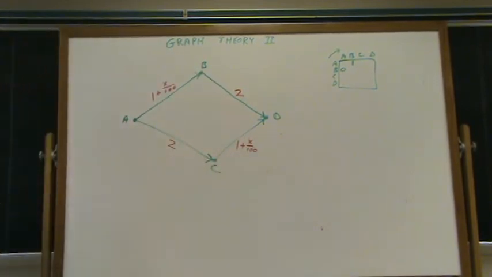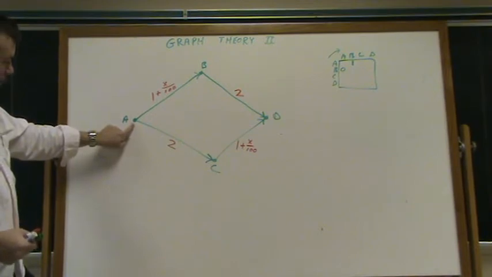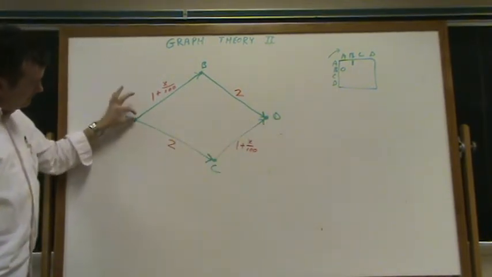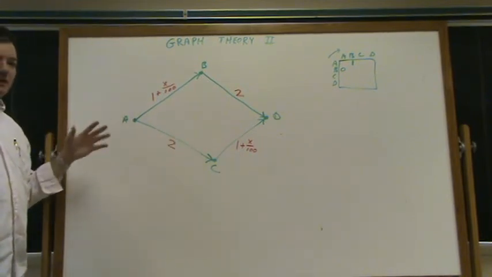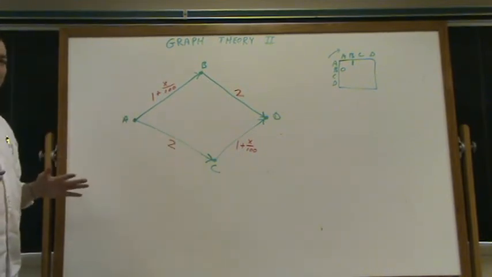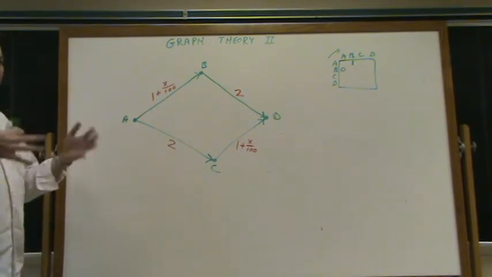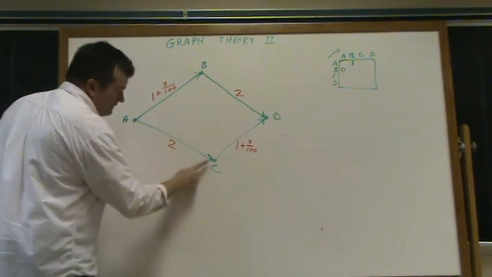So what's going on in this graph? Let's say you need to drive from point A to point B. And let's say this is a highway that has a lot of lanes, like 6 lanes. So no matter how much traffic is on the highway, you can still go the same speed. It's not like you're going to slow down because of traffic. And it takes you 2 hours to get from A to C.